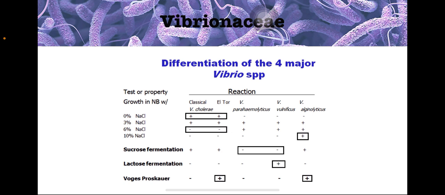It is also associated with the Kanagawa phenomenon. For Vibrio vulnificus, usually it can be isolated in oysters, and this has a rapid onset which can progress immediately into deadly sepsis. And then we also have alginolyticus, which is a salt-loving organism.